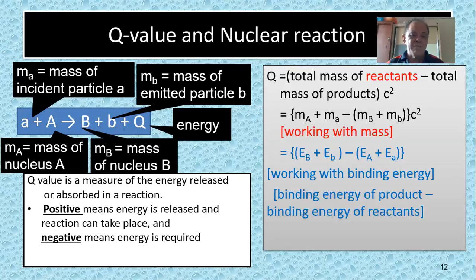That means if I want this reaction to take place, I must send this a, the projectile, with at least the minimum kinetic energy before this reaction will take place. Okay, so negative means I need to give energy to the projectile before the reaction will take place. By itself, the small a and capital A will not react.